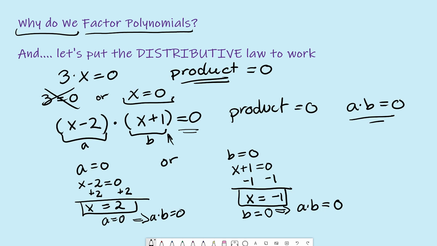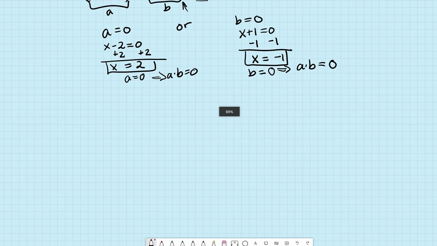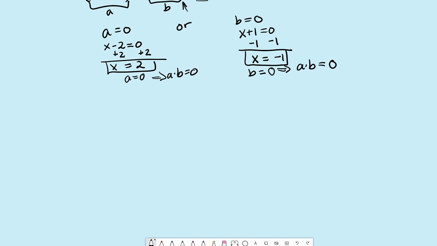But now, what if, instead of solving it this way, we take this equation, x minus 2 times x plus 1 equals 0, and let's open the parentheses and turn it into a full polynomial. How do we do that? Well, we use the distributive property.